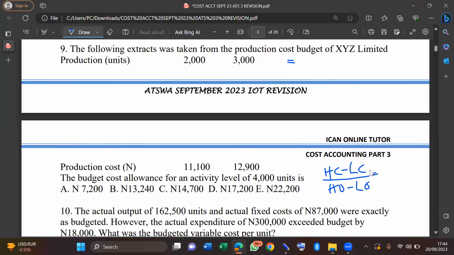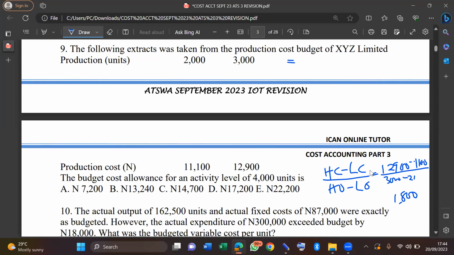Highest cost is, which one is highest between the two? 12,900. The lowest is 11,100. The difference should be giving you around 1,800, if I'm not mistaken. Divided by highest output, which is 3,000.